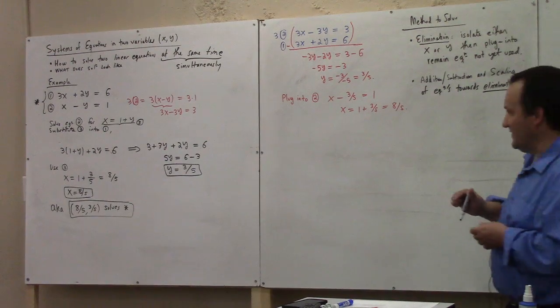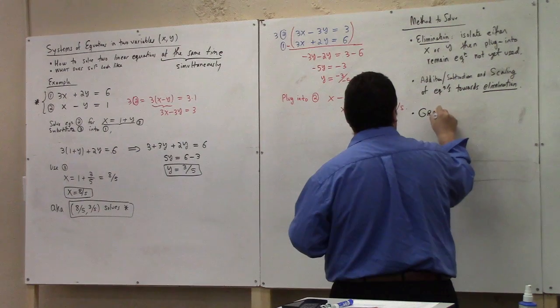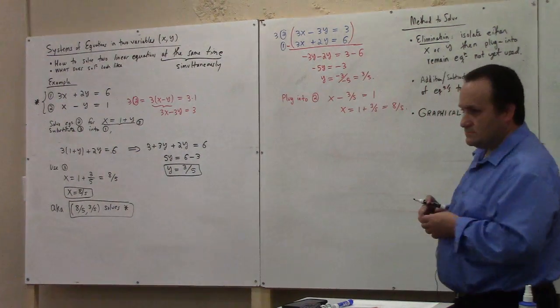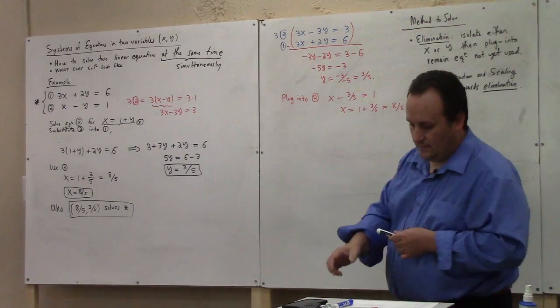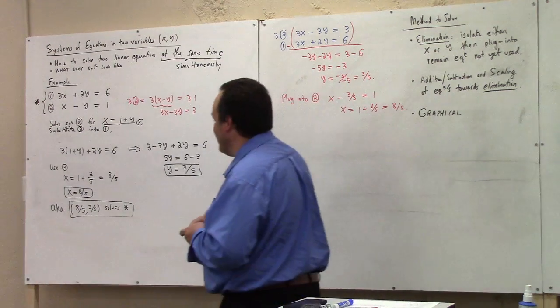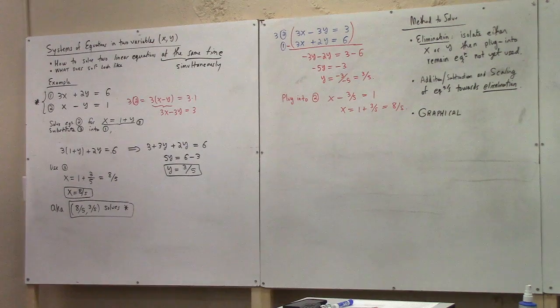There's a third way to solve, which is graphical. The graphical method of solution is by far the least practical, right? Like, what would the graphical method look like in this?